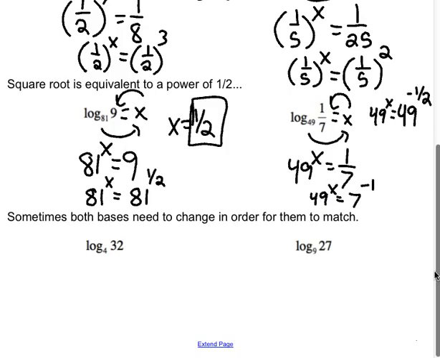So here, since I already had the negative, notice my answer has the negative as well. So x is negative 1/2. So whenever you have to deal with square rooting, remember square rooting is really just the 1/2 power. Okay?